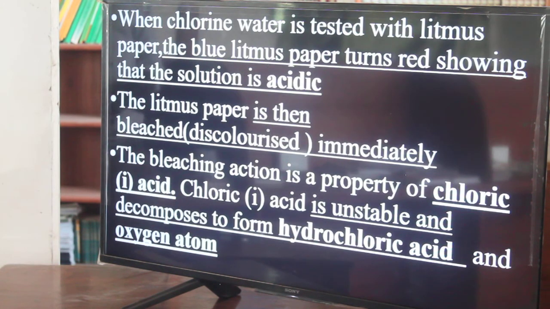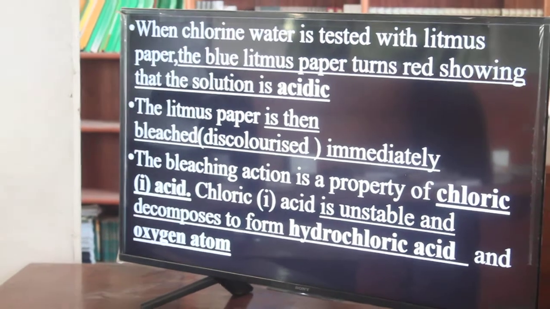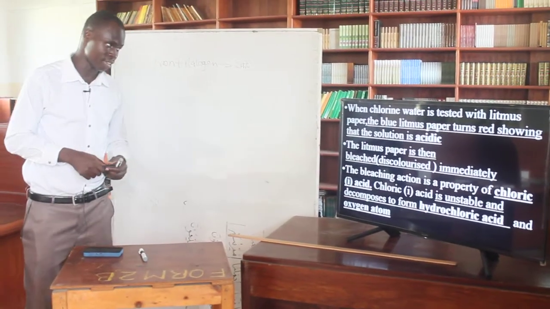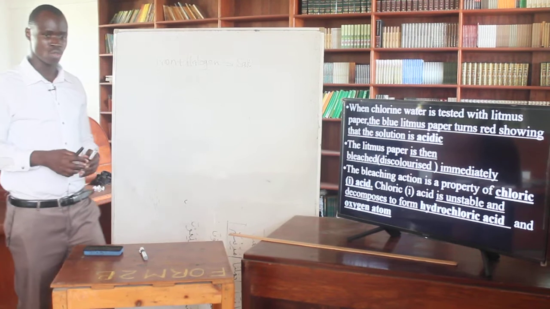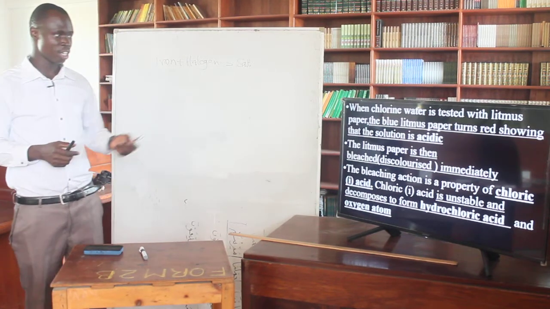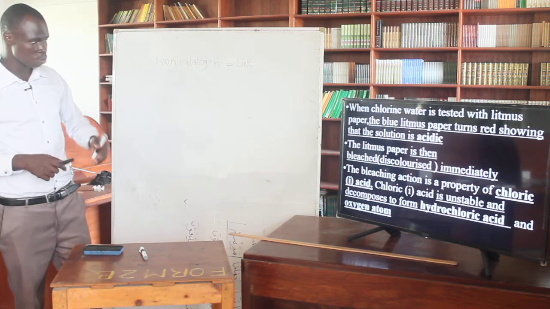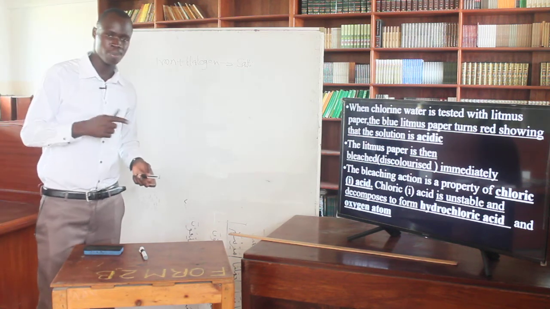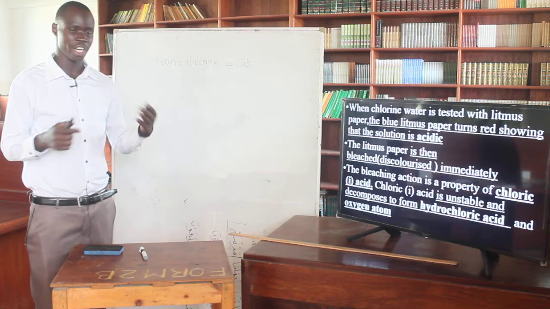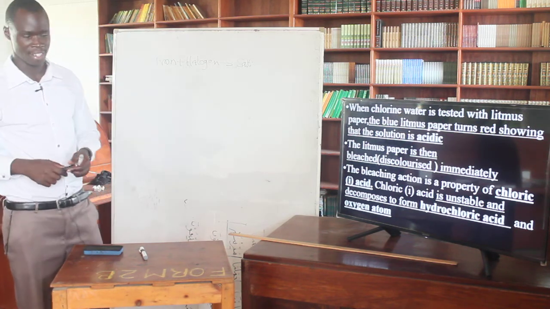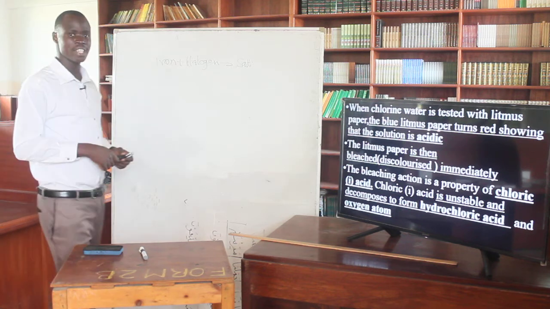Now, when chlorine water is tested using litmus paper, we know that chlorine water is acidic. If you put red litmus paper, it will stay red. But if you put blue litmus paper, it will first turn red, showing that the chlorine water is acidic.